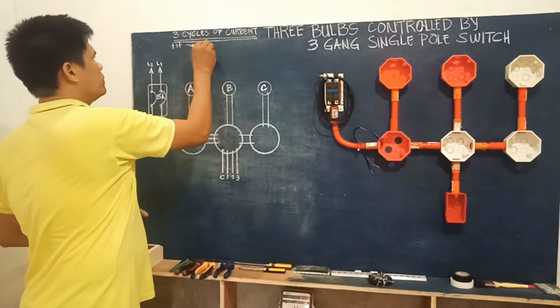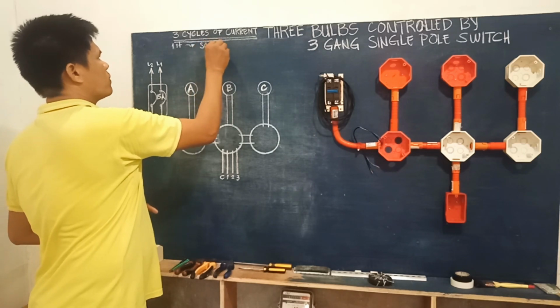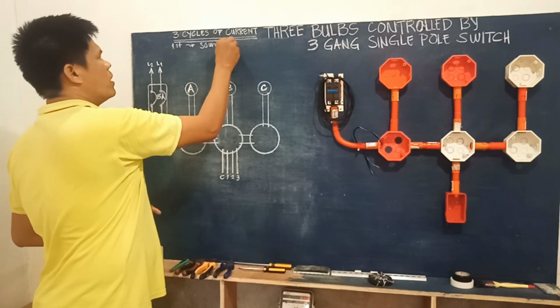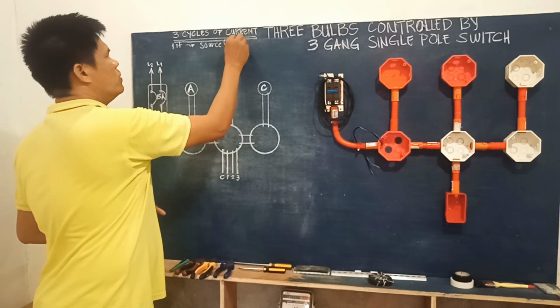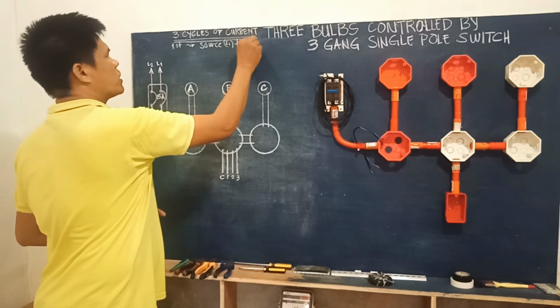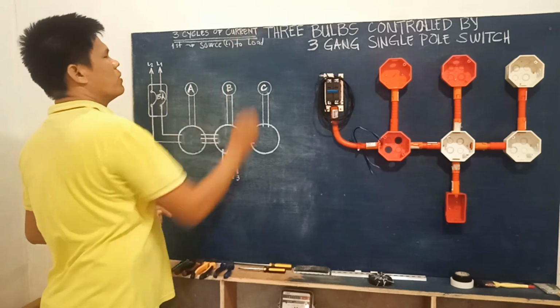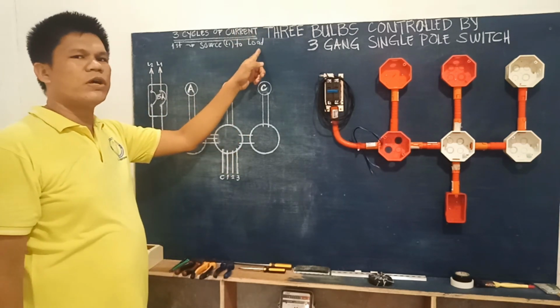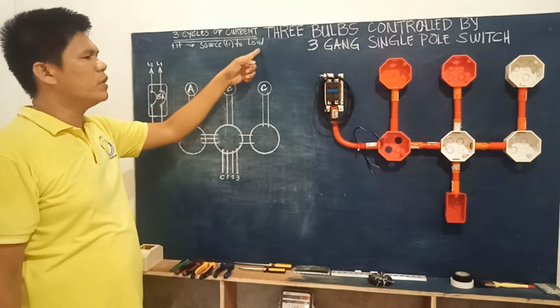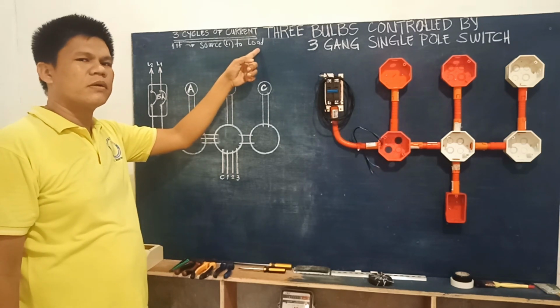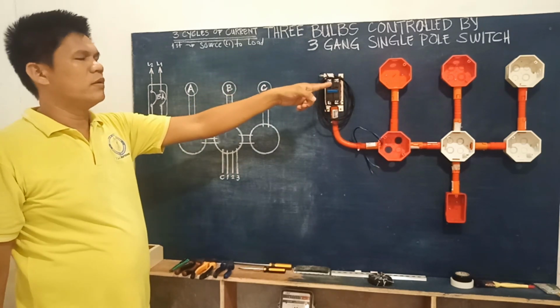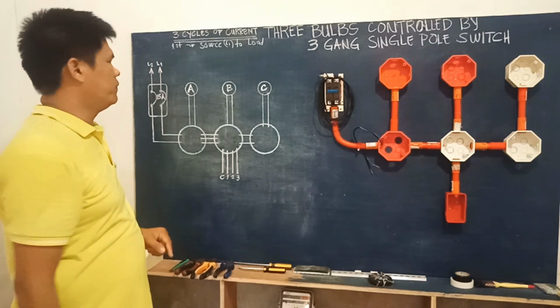Okay, so in the first cycle we have from source to load, which is the line 1 to load of the circuit, which is the first line of the wires coming from the load or the bulb of the circuit.